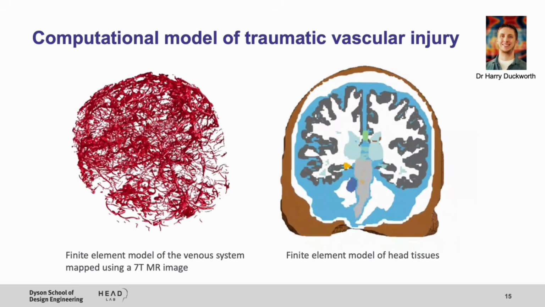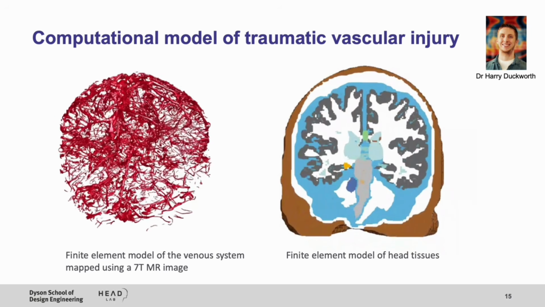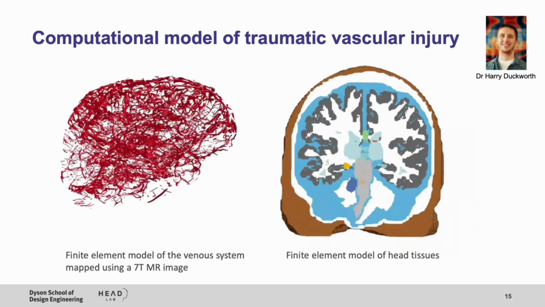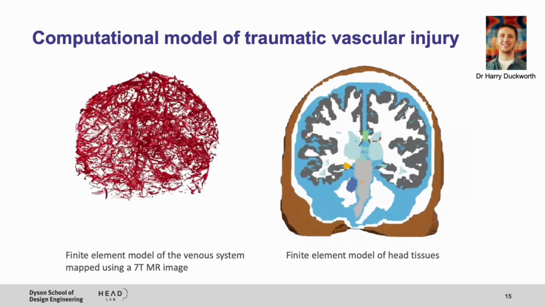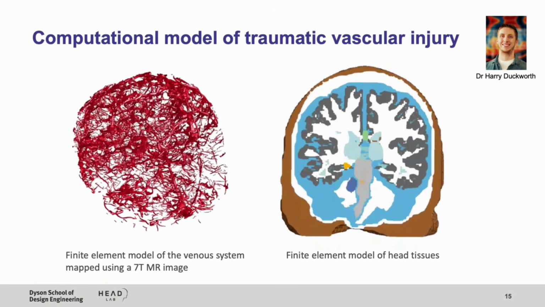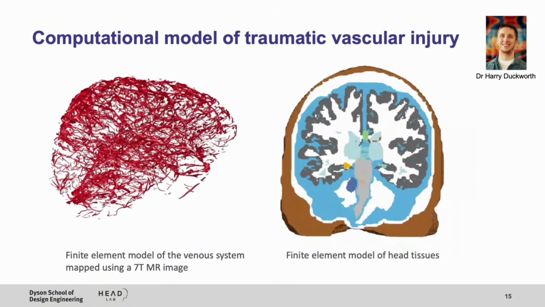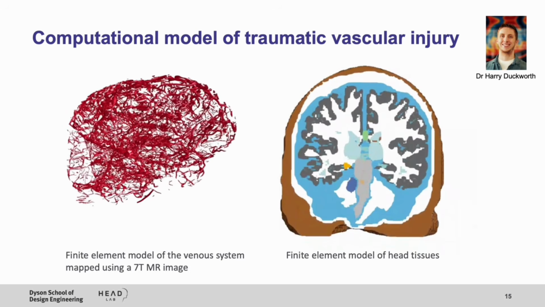Here's another example. This is what my other PhD student, Dr. Harry Duckworth, produced during his PhD. He incorporated a fine model of the venous system within our finite element model of brain. Here is a 3D representation of the venous system that he created.